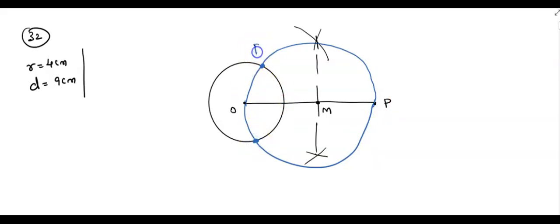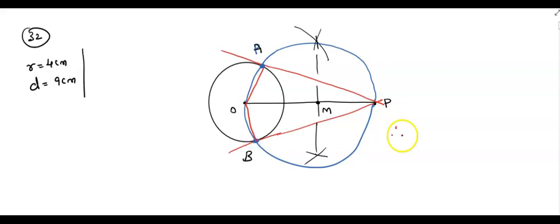Mark this point as A and this point as B. Then join A to P and B to P. Okay. Now as you can see, AP and BP are the required tangents, and also join O to A and O to B.